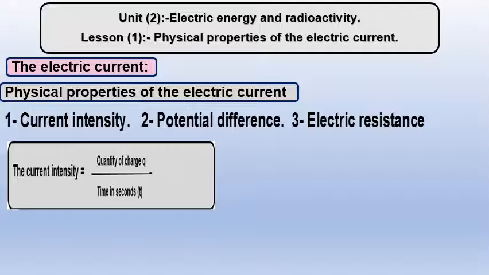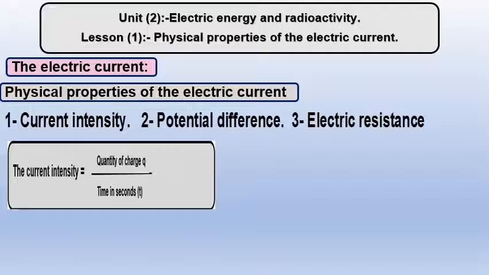Again, for a third time, what's meant by electric current intensity? It is a quantity of electric charge that passes through a cross section of a conductor in 1 second. Now, what is the measuring unit of electric current intensity?